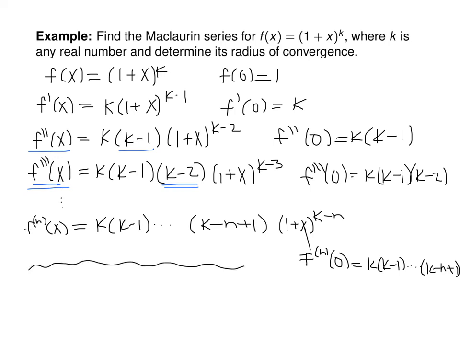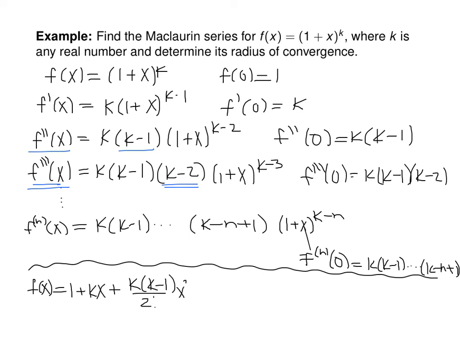So that tells us that our Taylor series for f of x is 1 plus kx plus k times (k minus 1) over 2 factorial x squared plus k times (k minus 1) times (k minus 2) over 3 factorial x cubed, etc. This one is often best if you just list the terms out.